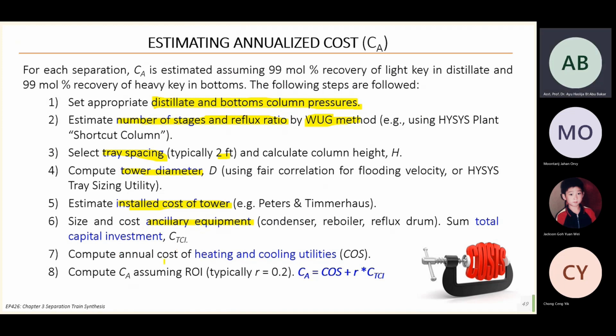Then compute the annual cost of the utilities. Then you should calculate the CA, annual cost, assuming the ROI. This part you have done in detail in your PED, right?